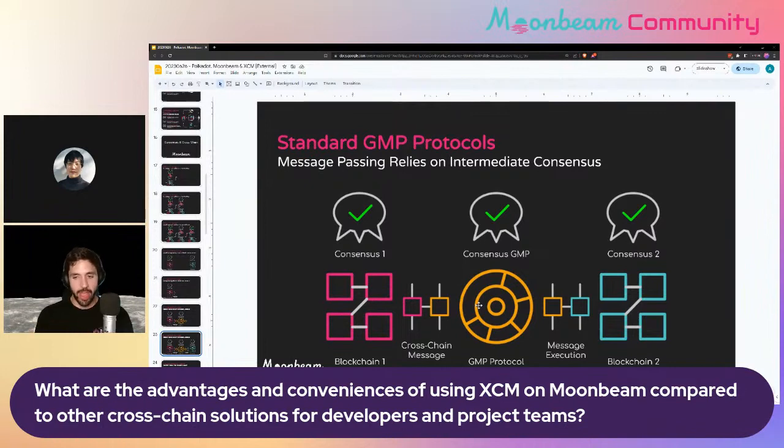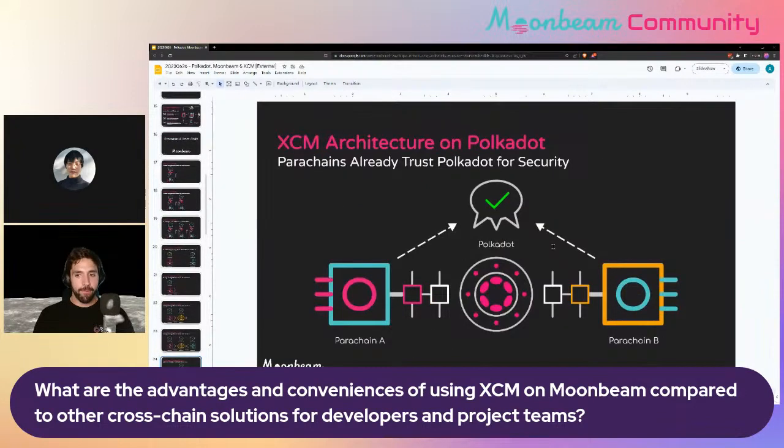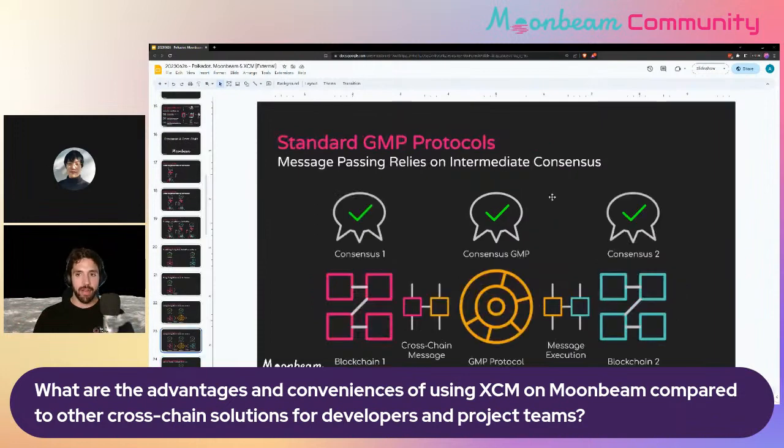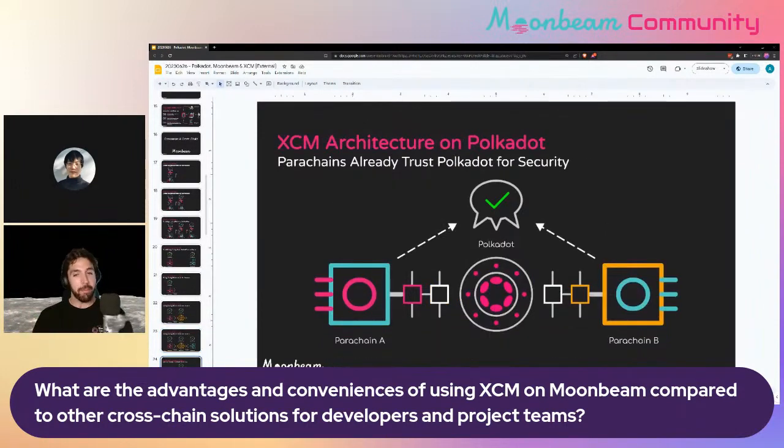We have seen all the hacks that have happened in bridges in the past 3 years, and that is because there's a flaw or something breaks in this intermediate consensus. It is never on blockchain 1 or blockchain 2. It's normally in this middle step right here. But on Polkadot, these parachains already have consensus from Polkadot. And so the main benefit of using XCM compared to this is that it's native. You're already trusting this consensus, so there's no risk of having 3 consensus mechanisms needing to trust each other to pass a message, right? So I would say that's the main advantage.